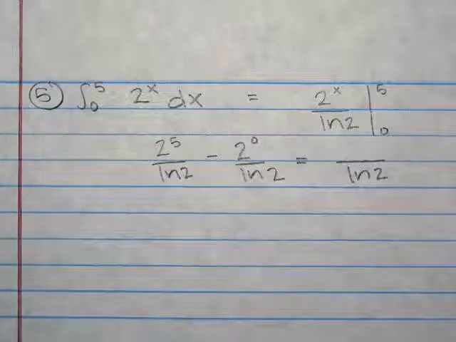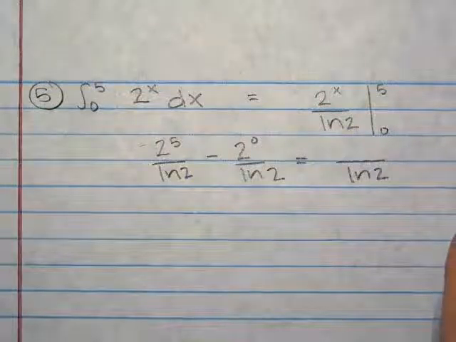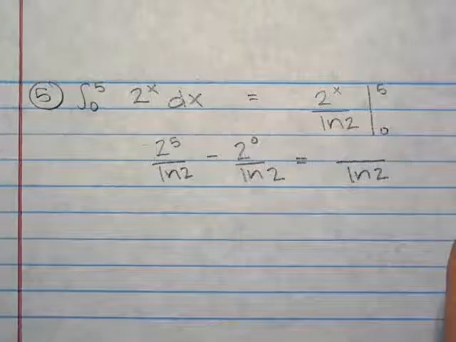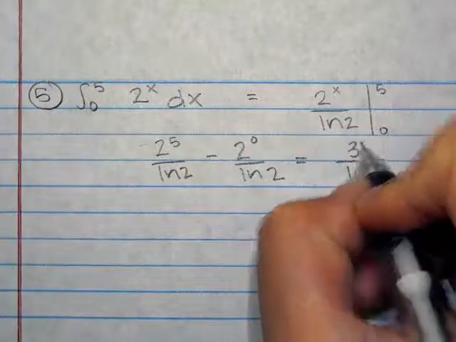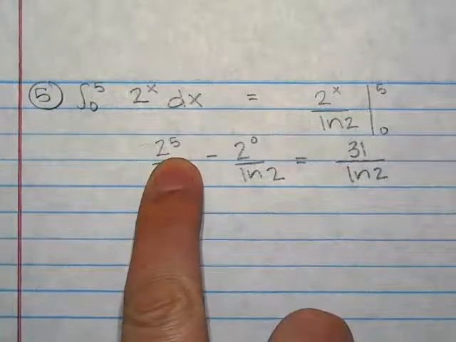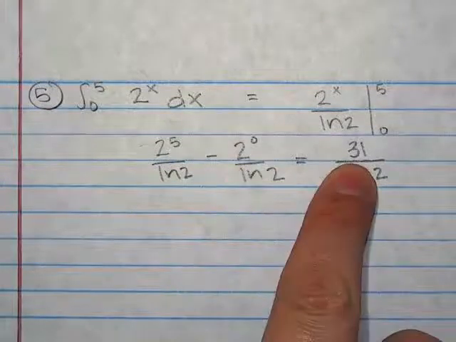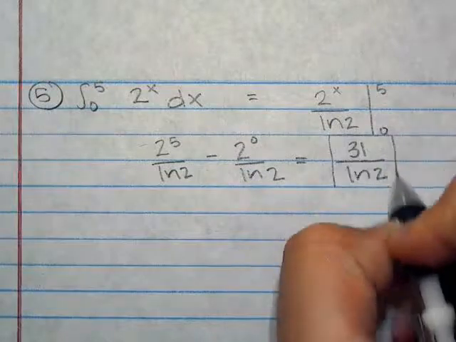And then what do we have as a numerator? 31, yeah. So 2 to the 5th is 32. 2 to the 0 is 1. So 32 minus 1 is 31.